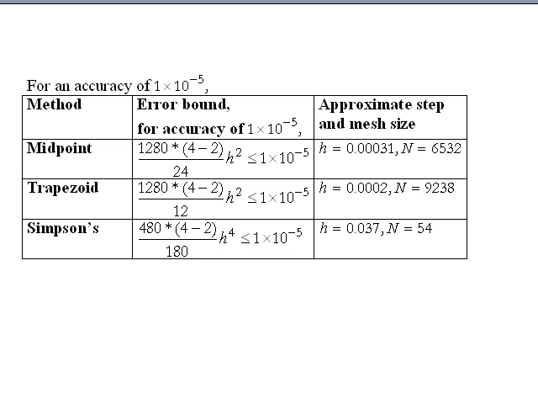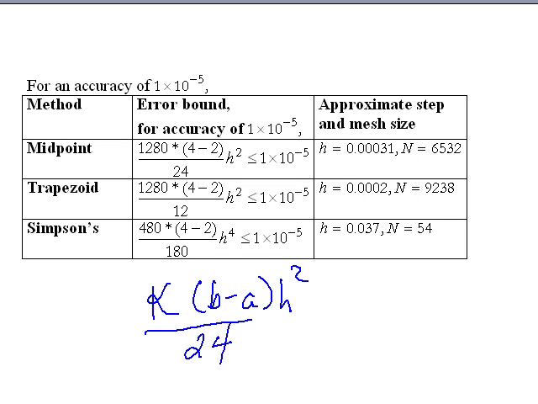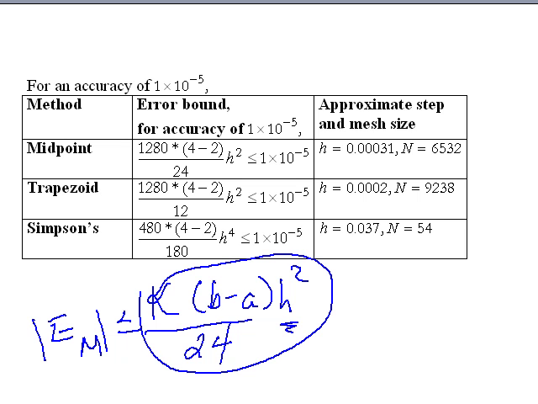Let me write it out for the numerical. For one of them, say the midpoint rule, it was k, which depends on the second derivative, times b minus a, h squared, all divided by 24. That was the error for the midpoint rule. So I'm looking for the step size, so I'm going to substitute all my numbers in that I know. I know that k was 1280. b minus a is 4 minus 2. 24 I know.